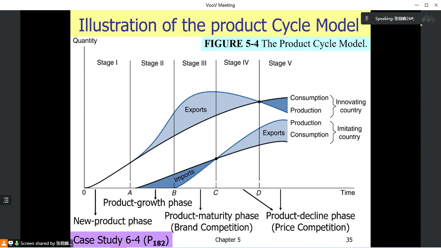Then in the product maturity phase, there is very severe competition in the industry. With time going on, it steps into the product decline phase, where there is price competition. We can use this theory to analyze the manufacturing industry domestically and overseas.